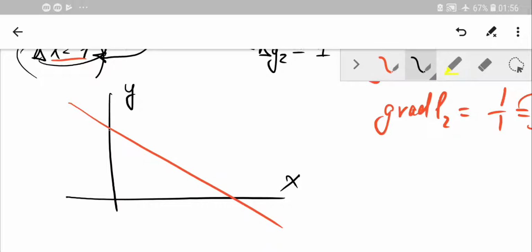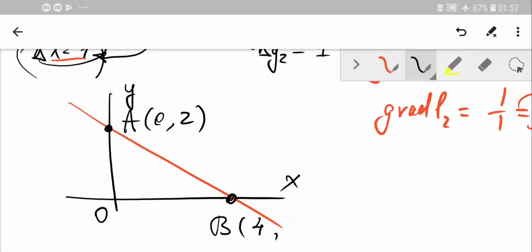Let's say we have 2 points, A with coordinates 2, 0, yes, and let's say B has coordinates 4 for x and 0 for y. So that's 4 and that's 2 for y.